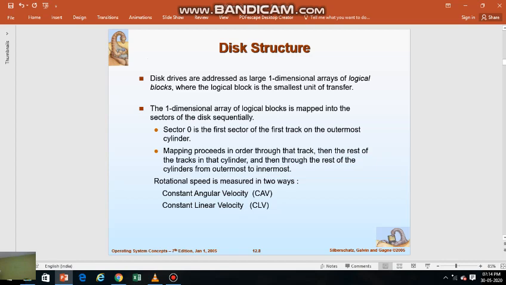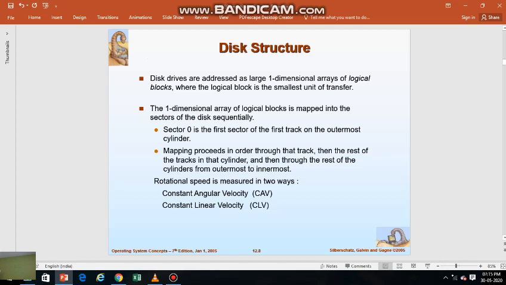In the constant angular velocity, the rotational speed of the disk is constant. To use the platter in an efficient way, the outer tracks, which have more sectors than the inner tracks, are used in the hard disk. In the constant linear velocity, the density of the bits per track is uniform.